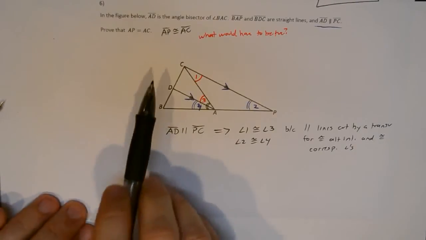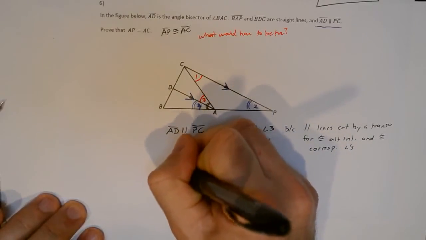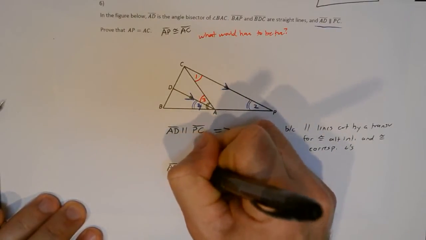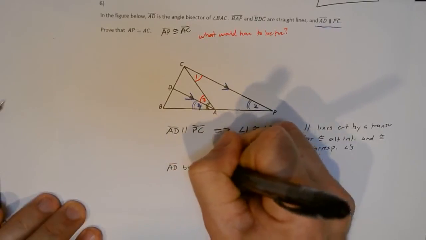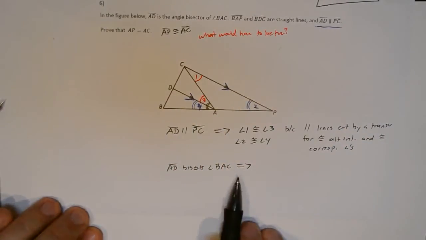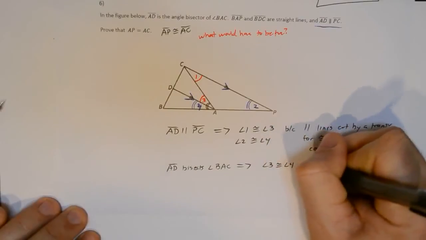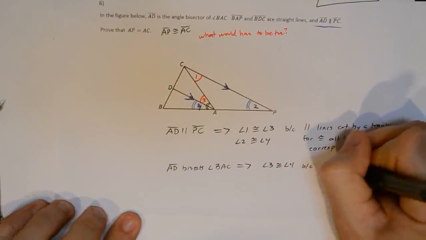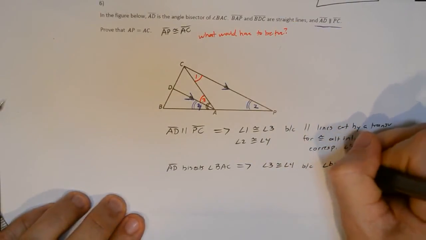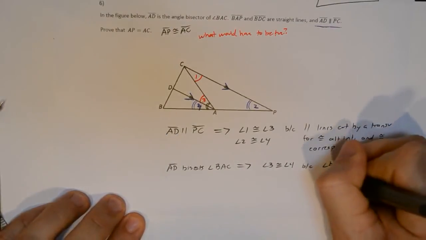Now hold on, they also told us that AD is the angle bisector of BAC. So if AD bisects angle BAC, therefore, right, this little symbol means therefore, if you're not familiar with that, angle 3 is congruent to angle 4 because an angle bisector divides an angle into 2 congruent angles.